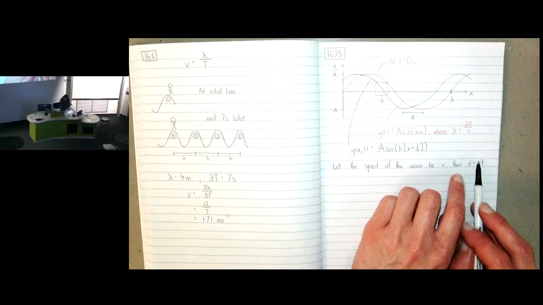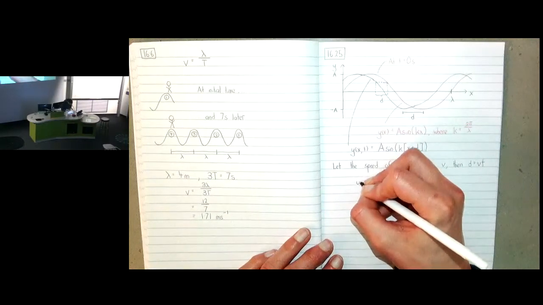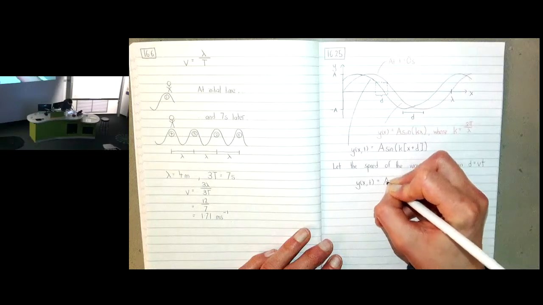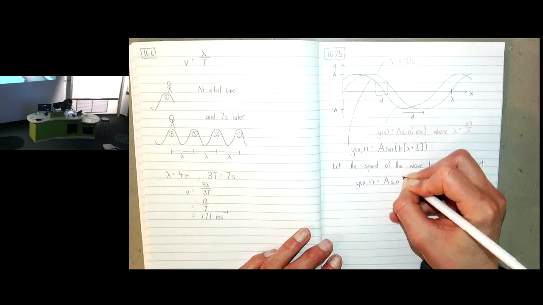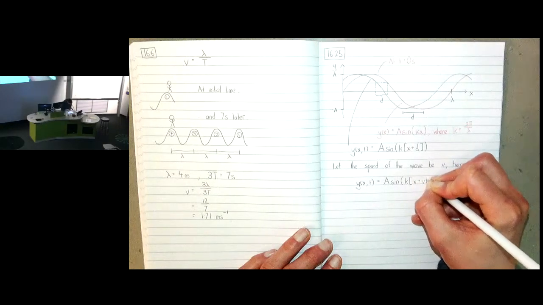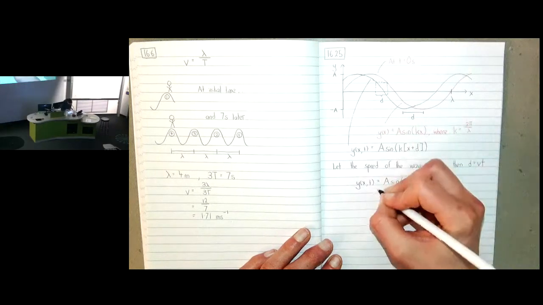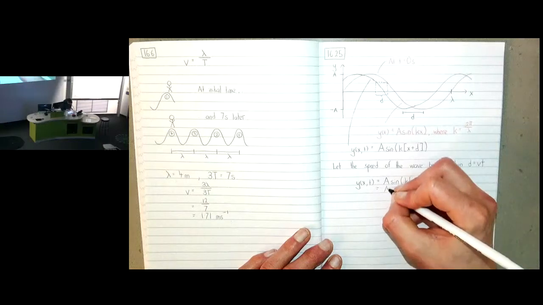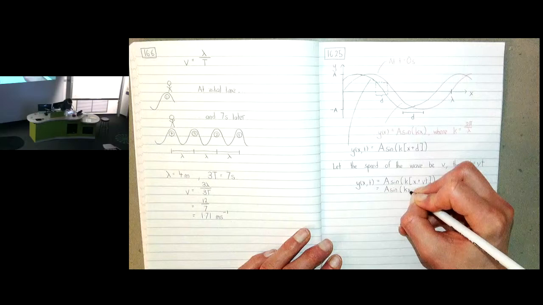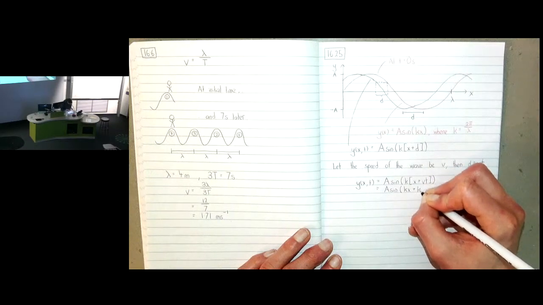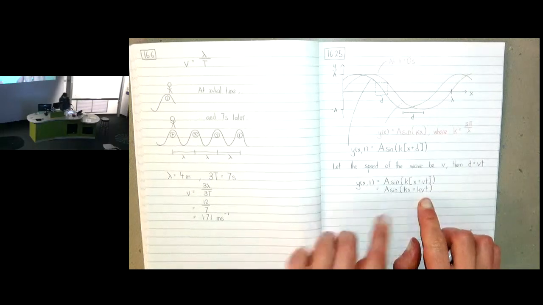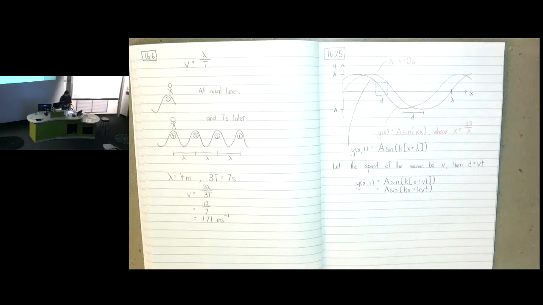So if we take this and plug it into here, what we get for the formula of the travelling wave is this one. And if we now expand out these brackets, we find that this is equal to kx plus k times v times t. And that's the formula for our travelling wave.